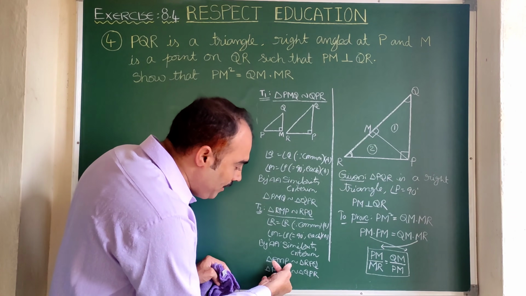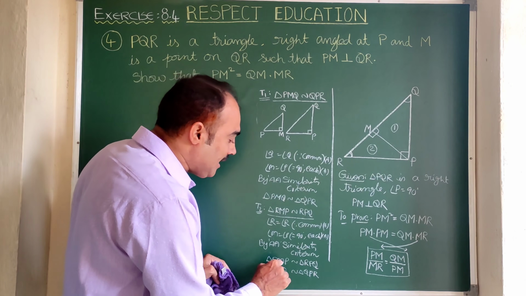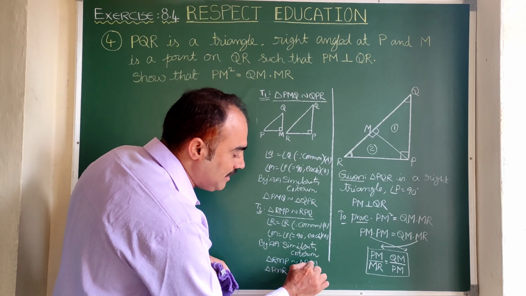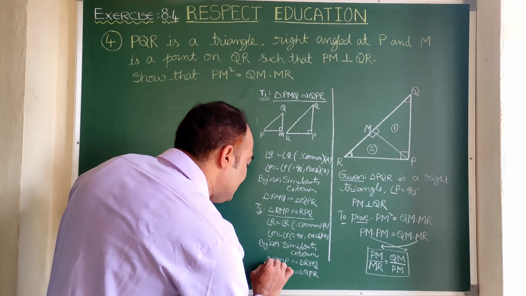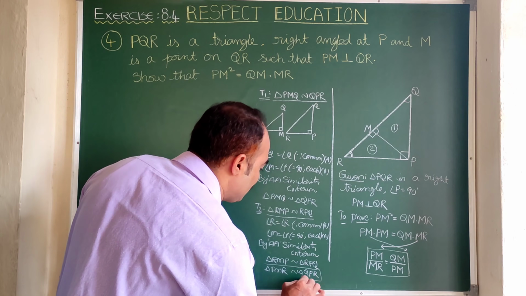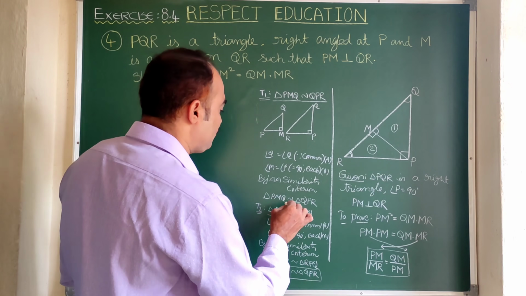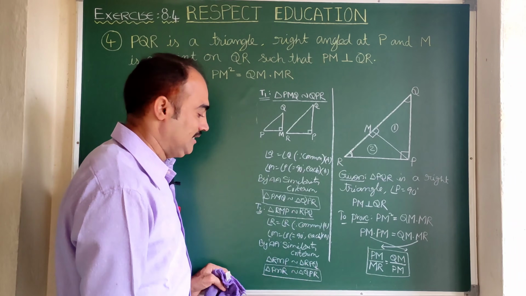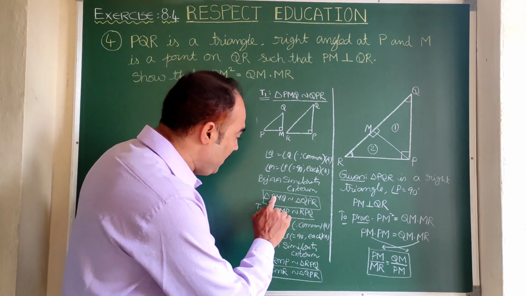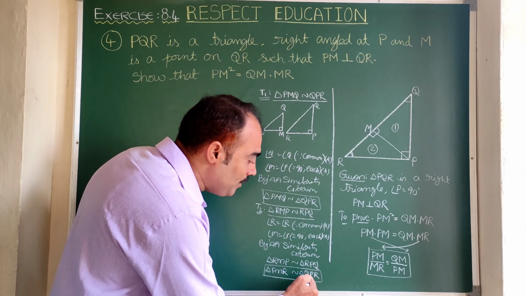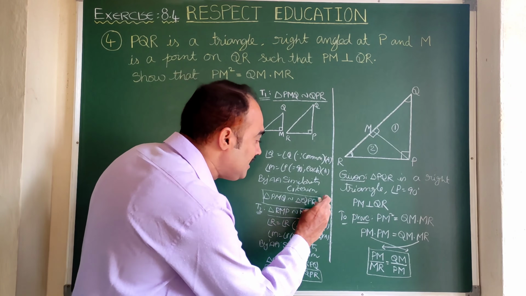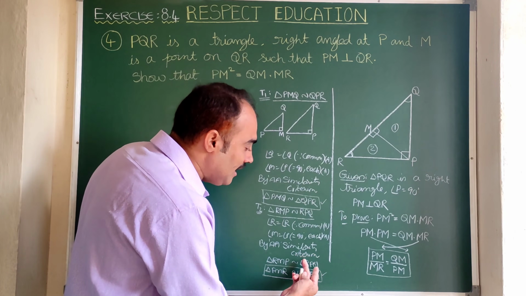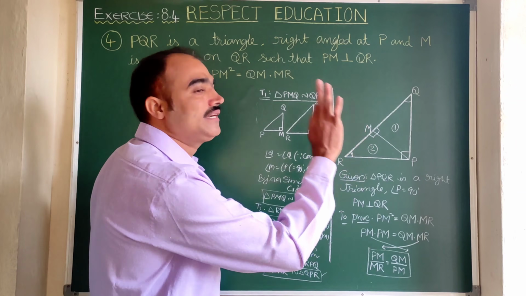Just here P and R I am changing, because angle at M is 90, that I am keeping in the middle. Just R and Q I am interchanging. Angle at P is 90, I am maintaining the same. So this is also the first son and father, second son and father only, right? So these two are similar, and these two are similar, right? Why did I change? Just observe, PMQ is similar to QPR, and the same QPR is similar to PMR. For showing that these two triangles are similar with the father triangle, I just tilted it. I just replaced the places without affecting the problem.